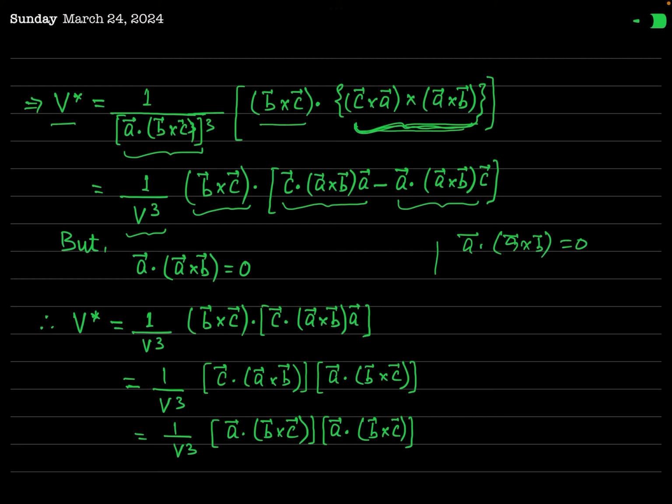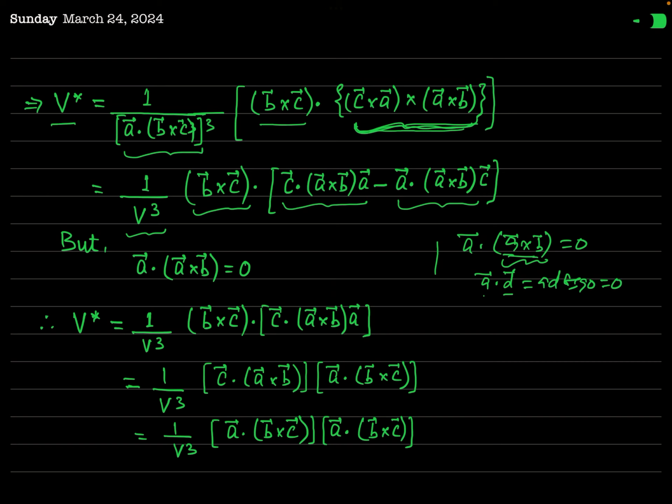Because according to the definition of vector product of two vectors, if you consider that A cross B is equal to D, then you will write it as A dot D. And if D is equal to A cross B, then D is perpendicular to both the vectors A and B. So D is orthogonal to A, and the scalar product of two orthogonal vectors is equal to 0 because it is equal to AD cos 90, and cos 90 is 0.